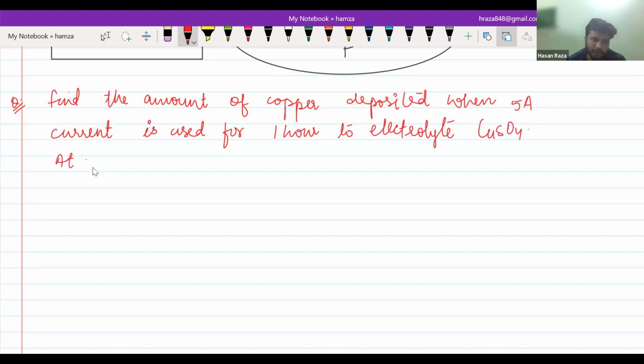It is also given that atomic weight of copper is 63.5 gram. 1 Faraday is also given, 96,500 coulomb. Please solve it.